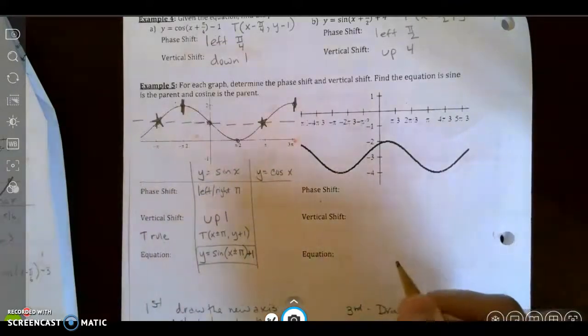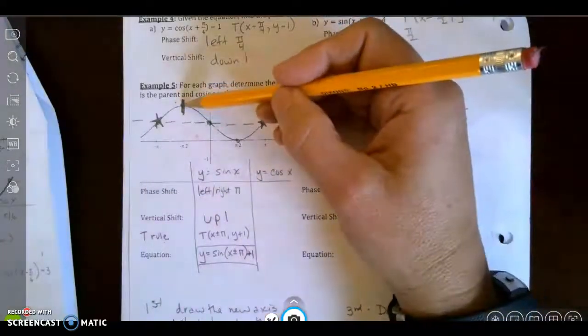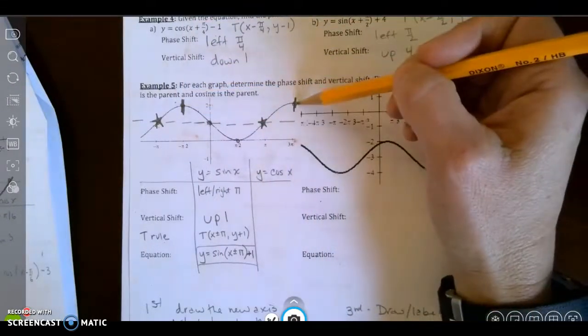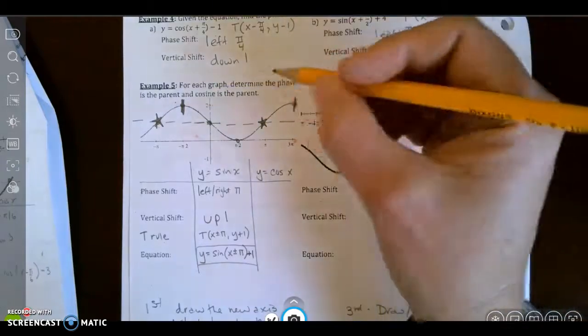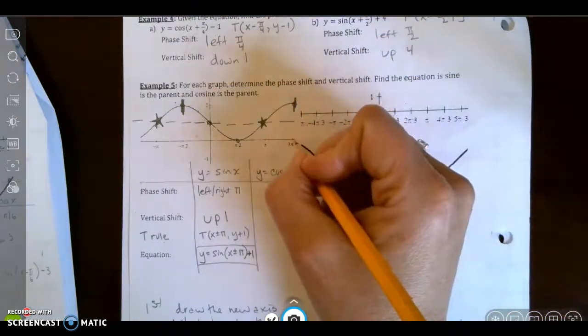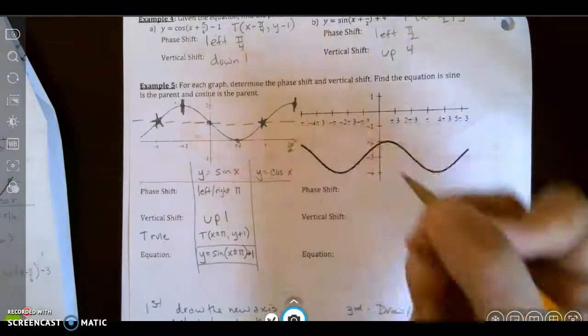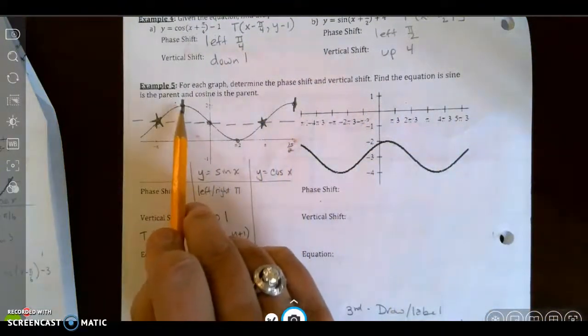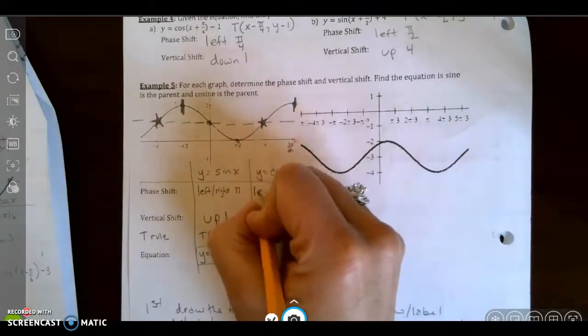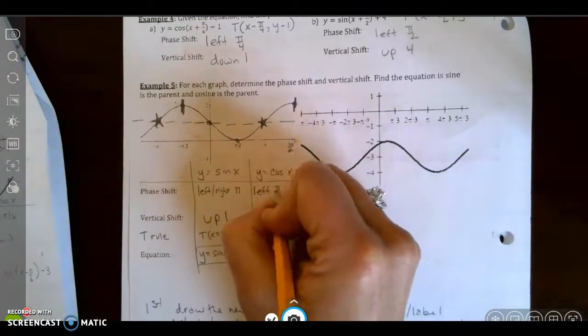Now when I go to do cosine, this one is left pi over 2, this one is right. I'm pretty sure that's just, oh, that's 3 pi over 2, or right 3 pi over 2. This one is closer, so this is going to be left pi over 2.